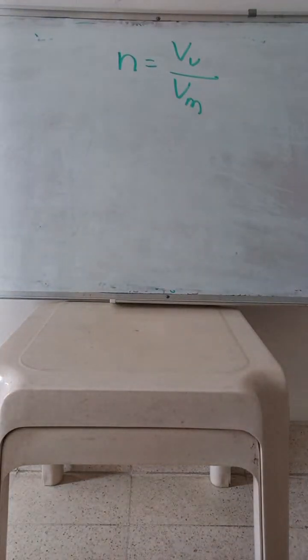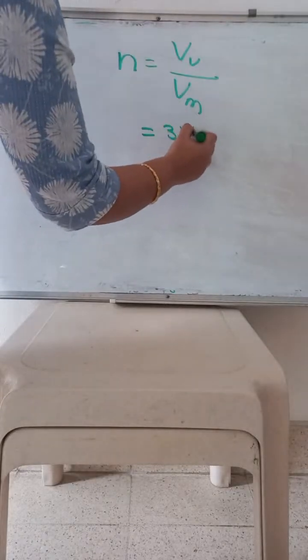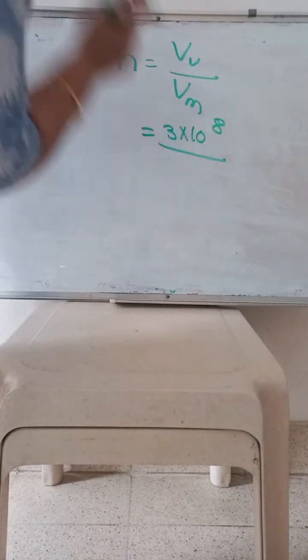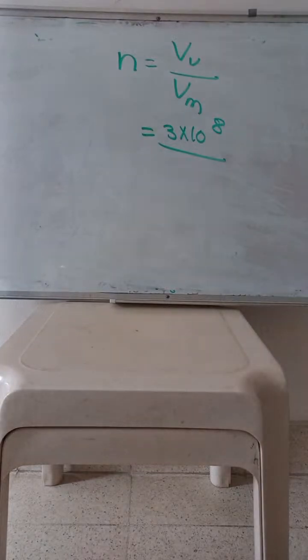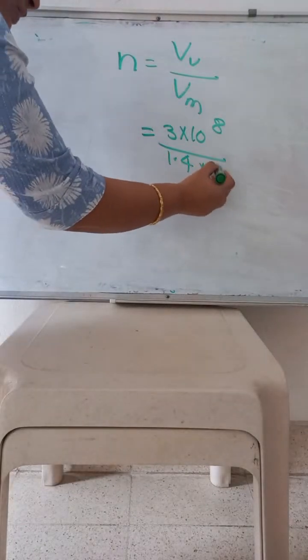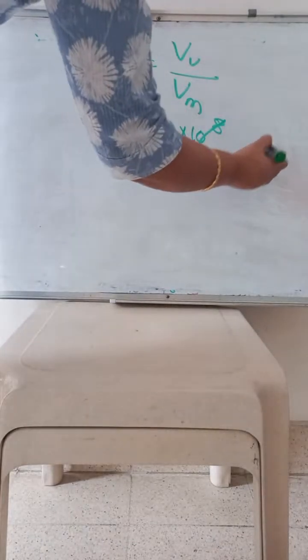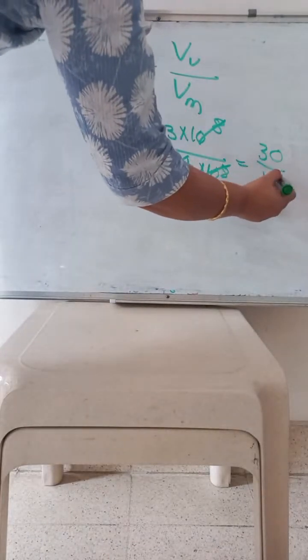We have this formula and both values are given. In vacuum it is by default 3 into 10 raised to 8, divided by the value in the medium, which is given as 1.4 into 10 raised to 8. So 10 raised to 8 and 10 raised to 8 get cancelled, remove the decimal, and you will get 30 by 14.